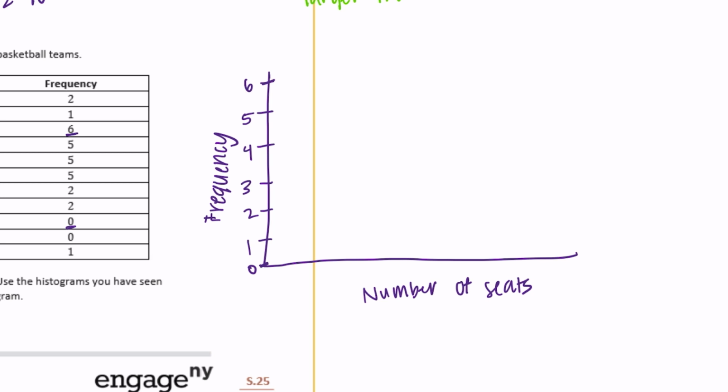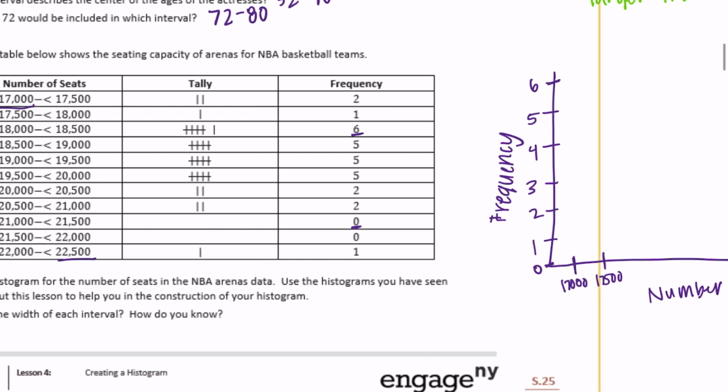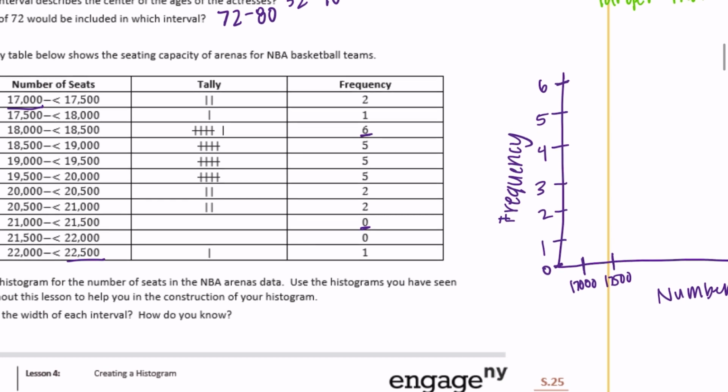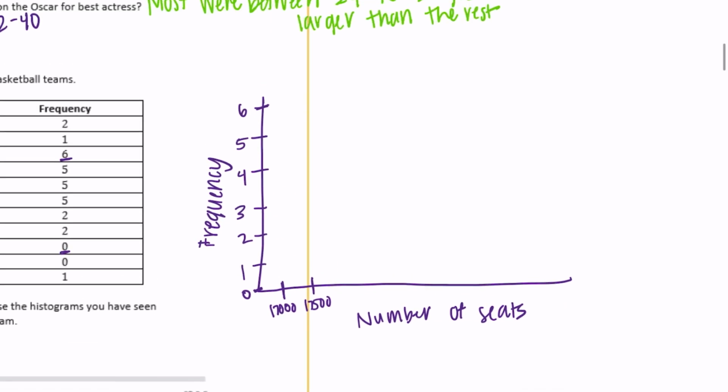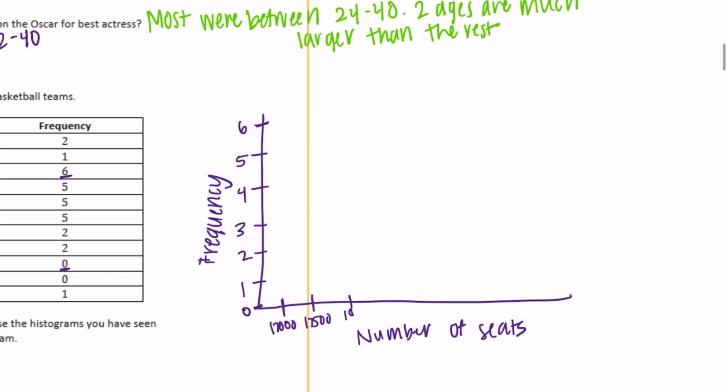Okay. So 17,000 to 17,500. And I'm going to go up in intervals 500 by 500 all the way to 22,500. So 18,000, 18,500, 19,000, 19,500, 20,000, 20,500.